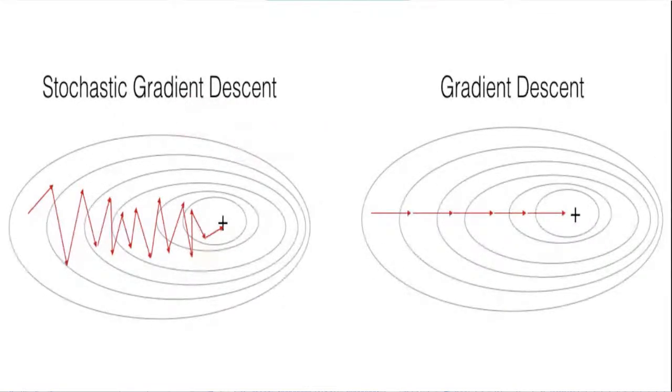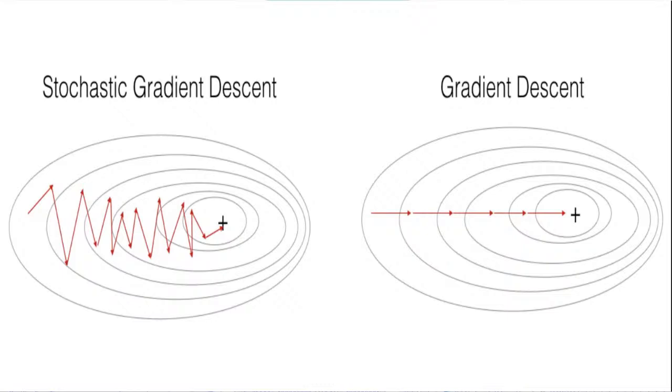In stochastic gradient descent, we find the gradient of the cost function of a single example at each iteration, instead of the sum of the gradients of the cost function of all the examples.